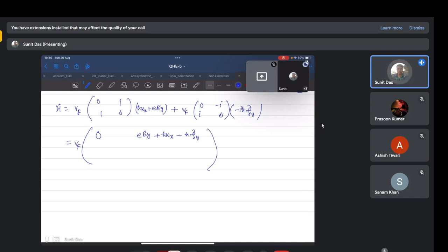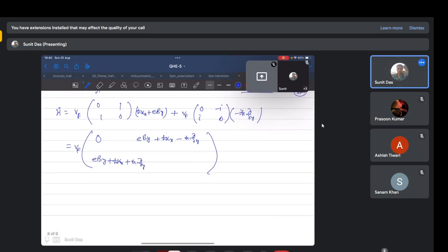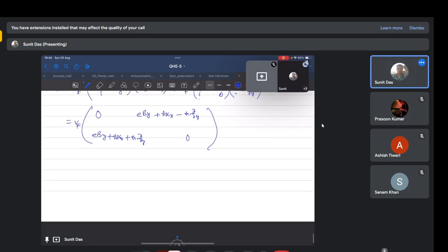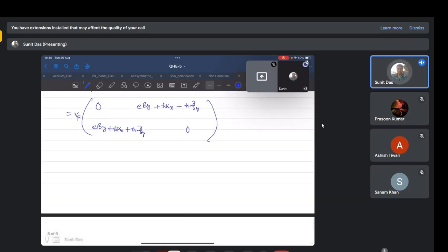And similarly here also the same, just the complex conjugate: plus h bar kx plus h bar del y, right? This is plus because i times i is minus 1, and here there is a minus, and 0. So this is my Hamiltonian.